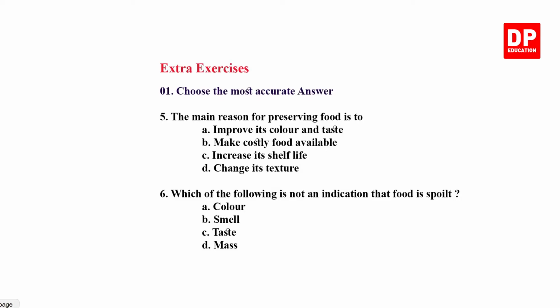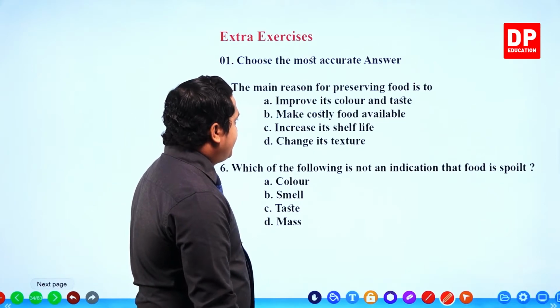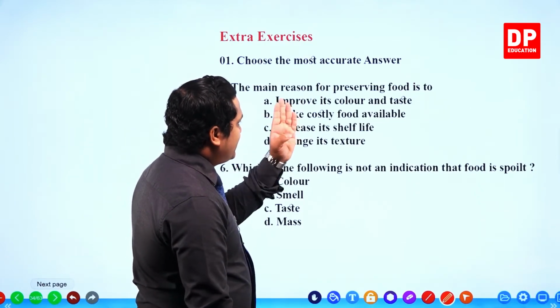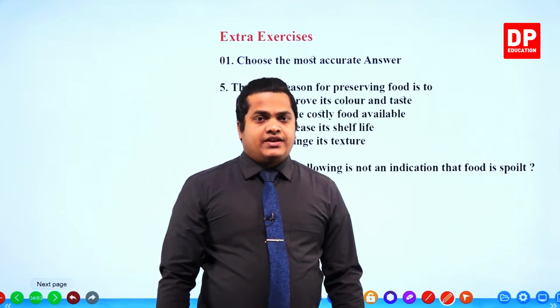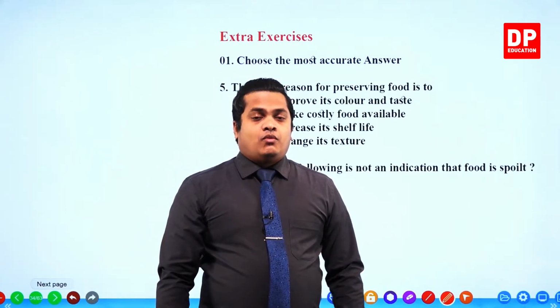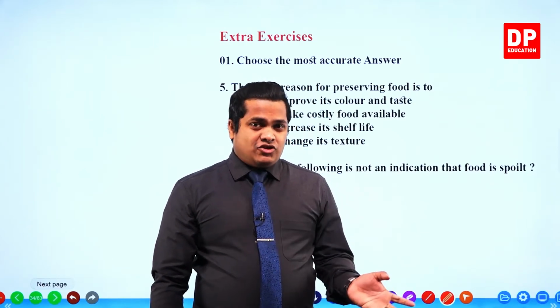Correct. The main reason for preserving food is to improve its color and taste, make costly food available, increase its shelf life, change its texture. The main reason for preserving food is, my dear children, we are going to delay the food spoilage.